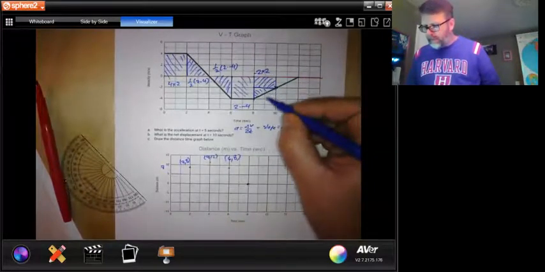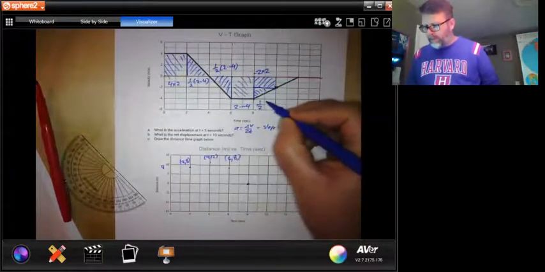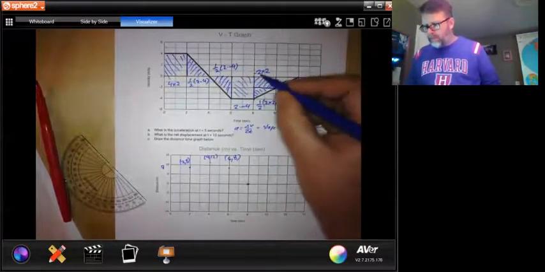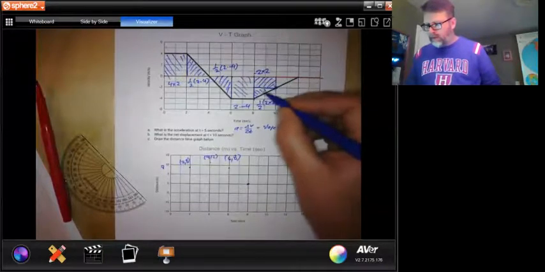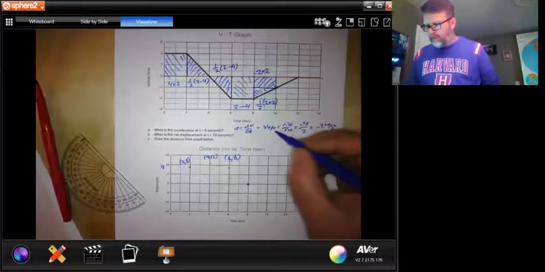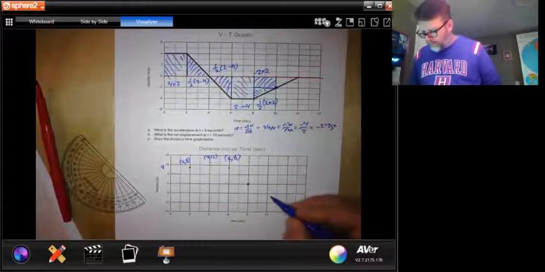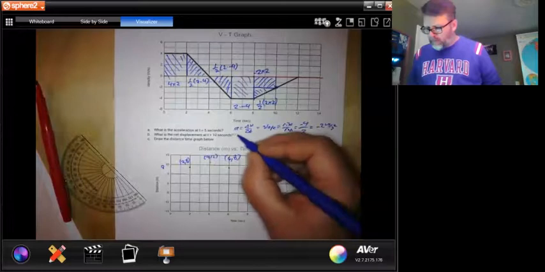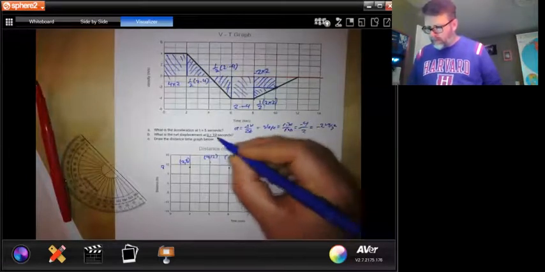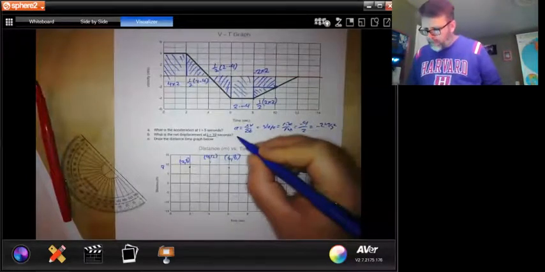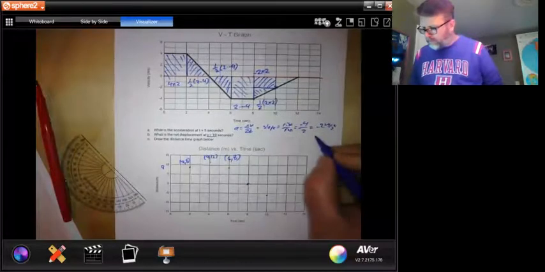And this one's 2 by 2, but it's 1/2 of base times height. So this is going to be 4, and this is going to be another 2, so it is going to go down 6. So that is answering the question of -6.